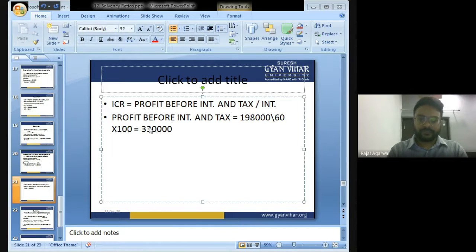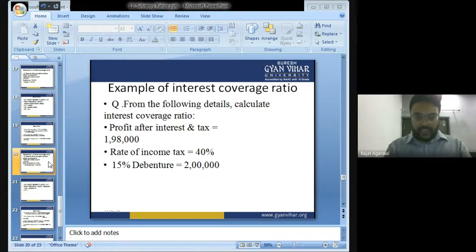Now, I also have to add back interest. But first, let's calculate the interest. The question is saying interest is 15% on debentures of 2 lakh. I already told you this 15% is the rate of interest. It means on the debentures of 2 lakh, we have to pay interest at the rate of 15%.